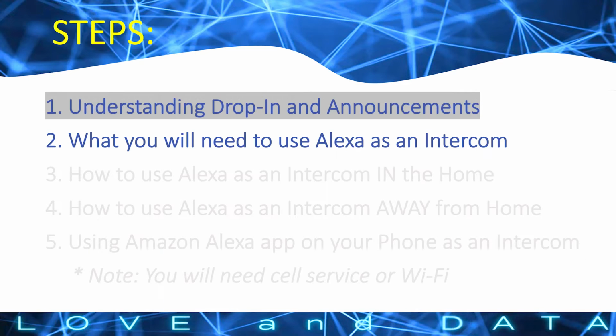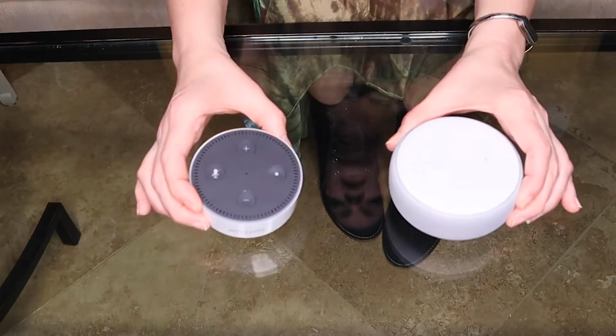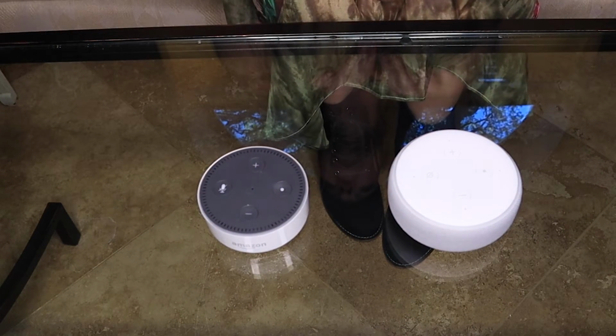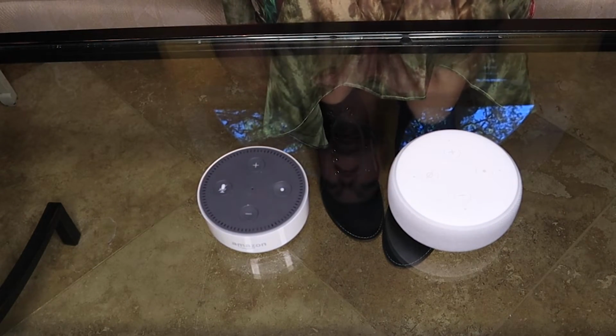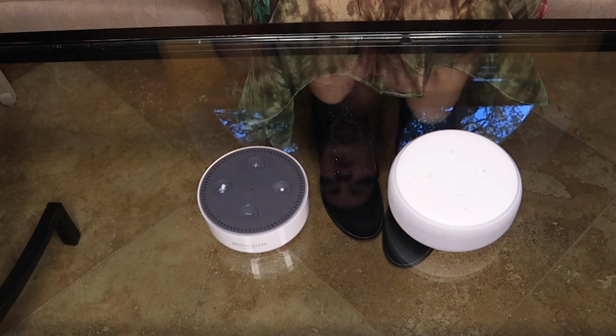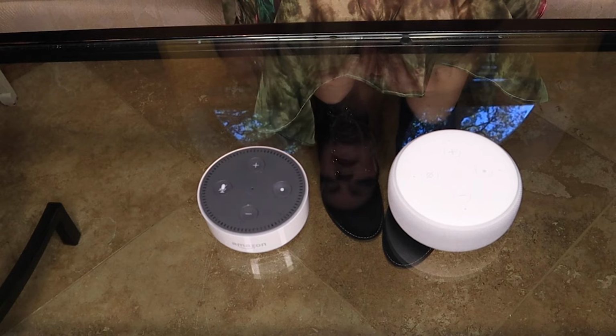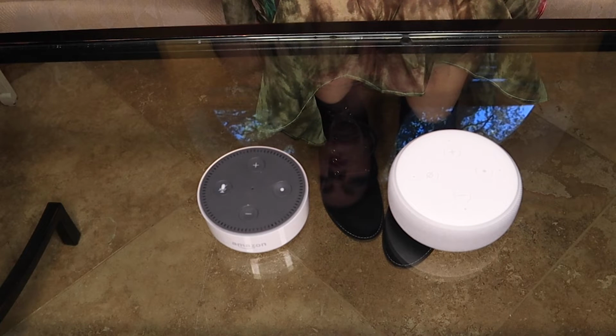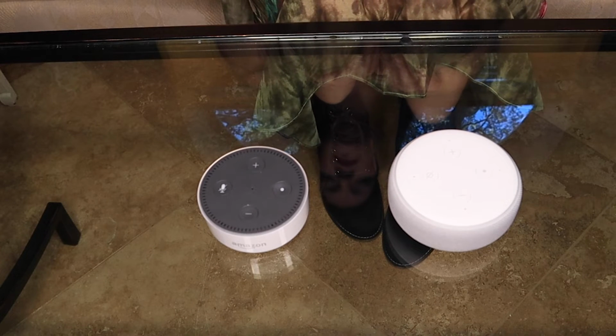Okay, great. Step 2, what you will need to use Alexa as an intercom. Here's what you will need. 2 Echo Dots if you are using Alexa as an intercom inside your home. Or if you want to take one with you to a different place and hook it up to Wi-Fi, you can still use these 2 devices.